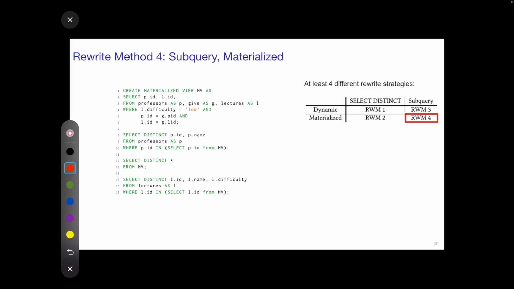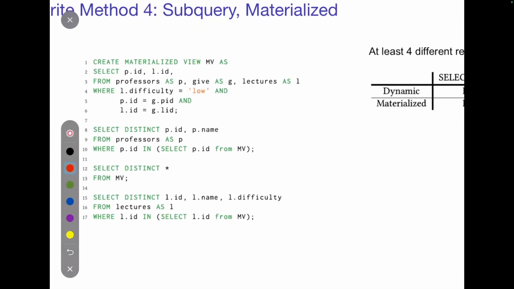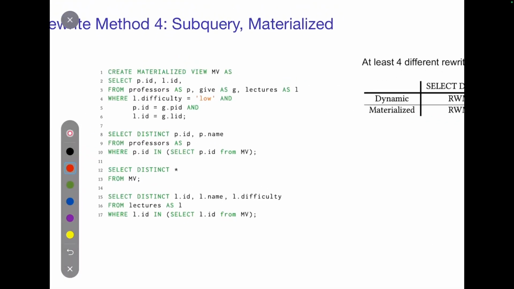So method 4 is again materializing. It's again materializing the join, over materializing this individual single-table query result. However, now I'm just materializing the P and L ID columns here. And when I want to compute, for instance, everything that takes part in G, it's just returning the materialized view.